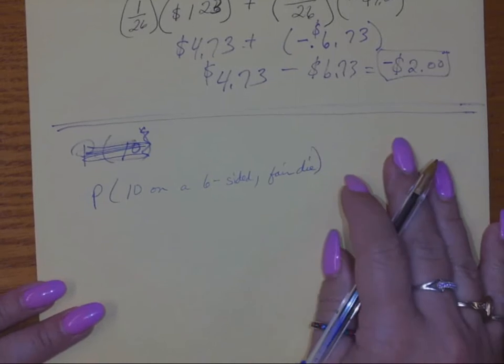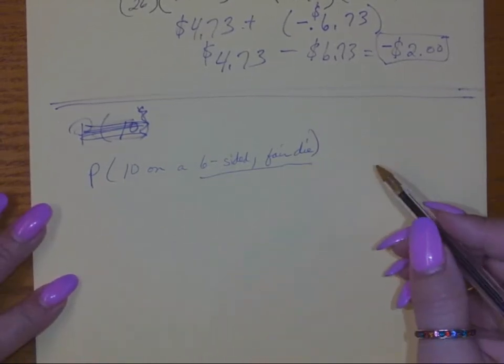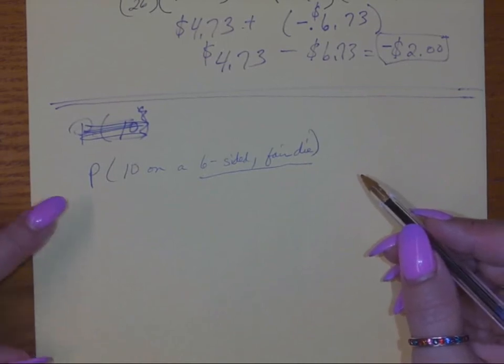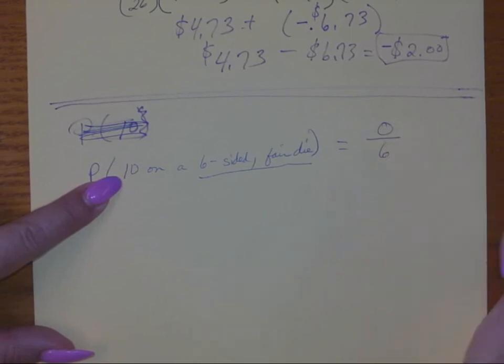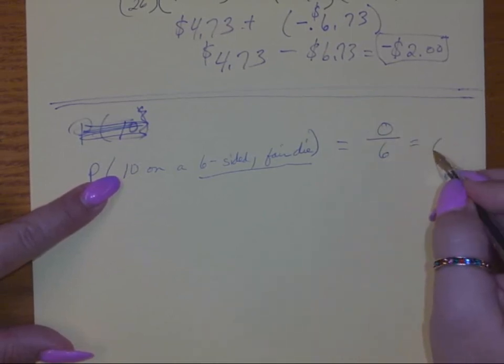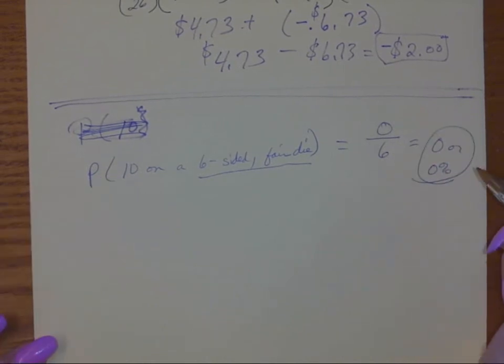What do we know about a 6-sided fair die? It has sides 1, 2, 3, 4, 5, and 6, right? So what's the probability that I'm going to get a 10? There's 0 out of 6 possible, right? So that's a 0, or a 0% probability, okay?